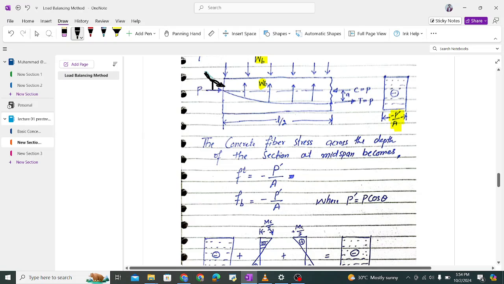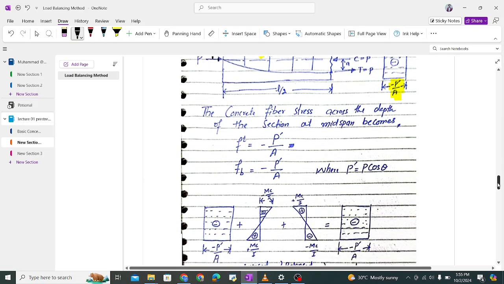So this P is the cos theta component of that P. This is the P cos theta. So this P cos theta is actually introducing those uniform stresses.